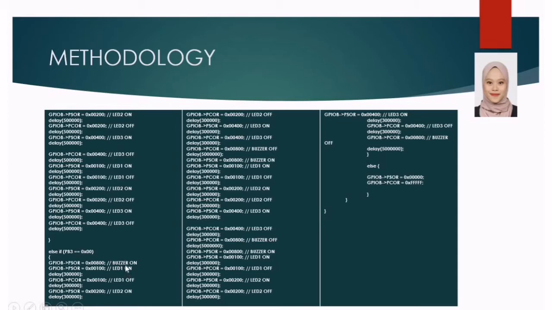Okay, why buzzer on? Because when emergency, the buzzer will be on. And this LED1 on, off, on, off. Okay, behind the else if we will repeat the same LED coding, but different for PB3 because we have the buzzer on.